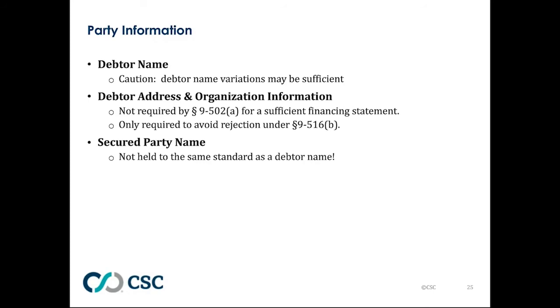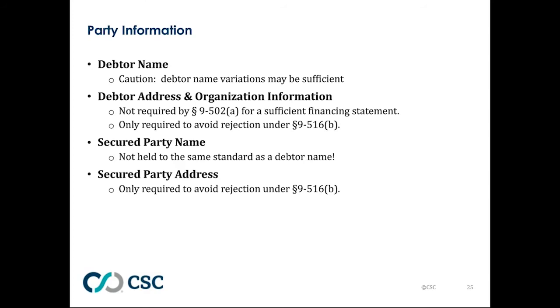Also, secured party address. Secured party address, like the debtor address, is not required for sufficiency or effectiveness of the financing statement. It is only required to avoid rejection. An incorrect or omitted secured party address that sneaks through the indexing process without being rejected will be effective. So searchers need to be aware of that and not put too much reliance on secured party address.